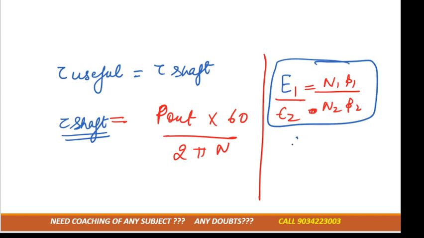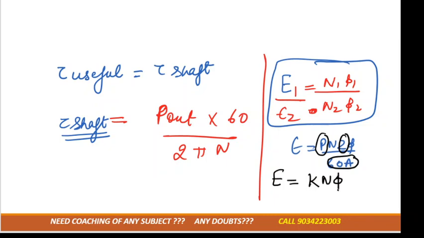It comes from E is equal to P N Z phi divided by 60A, because once the motor is made, P is constant because we can't change the number of poles, Z is constant because we can't change the number of conductors, and A is constant because we can't change the type of winding. So we can write K into N phi. The only things we can change are the speed or the flux, by changing the current. So E is equal to K N phi. Sometimes if these constant values are not given, we will use this formula.